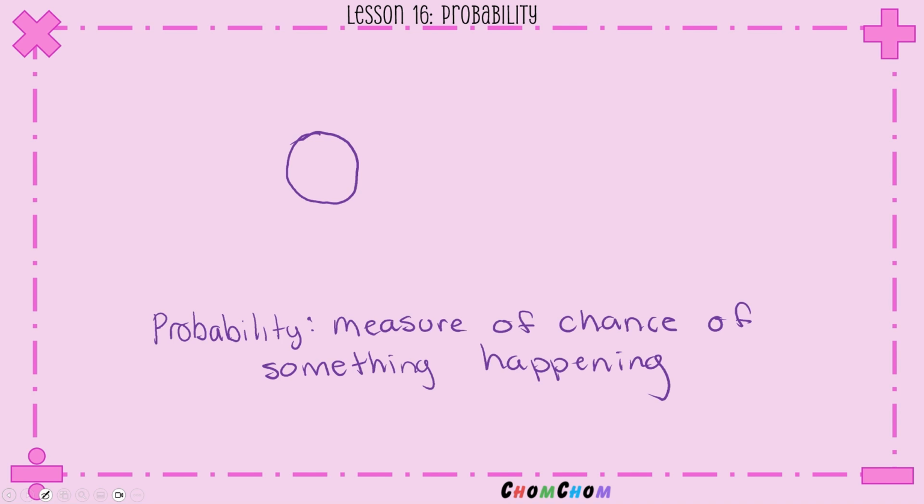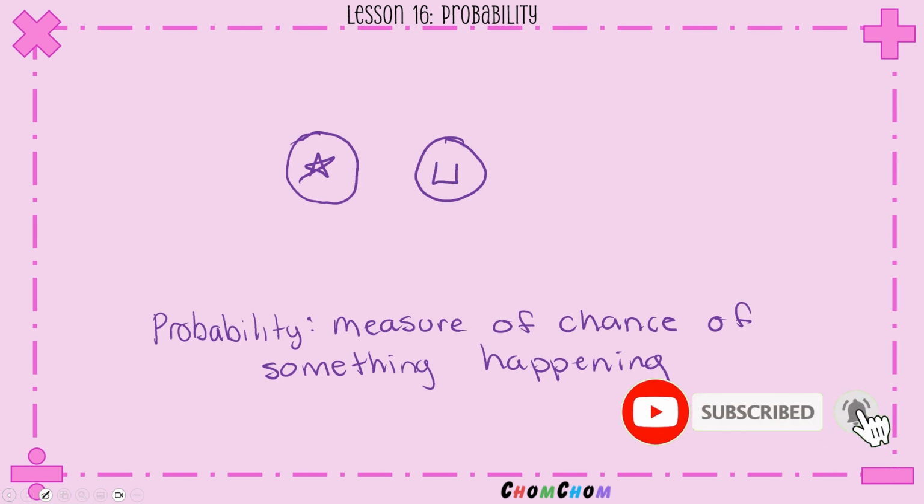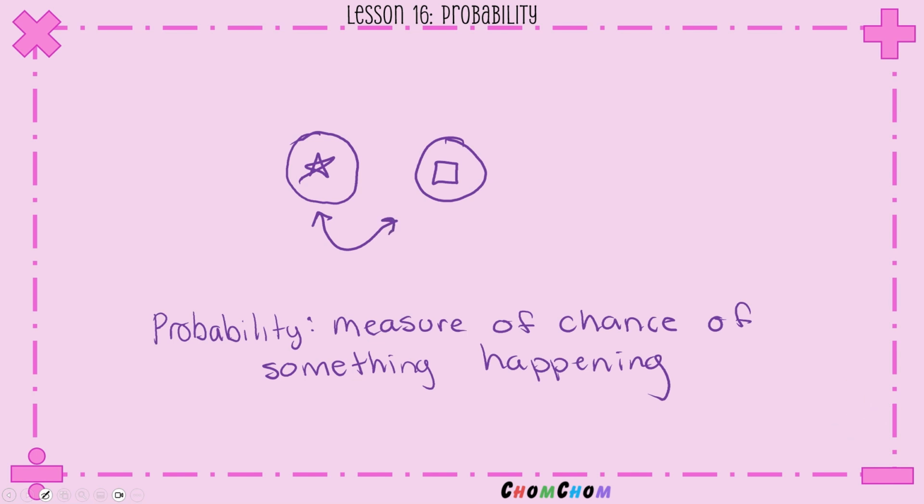Say we have this coin, and for heads I'm going to put a little star, and for tails I'm going to put a square. So there are two possible outcomes. By two possible outcomes, I mean one thing can happen, which is 1 heads and 2 tails. Say I flip the coin 1 time.